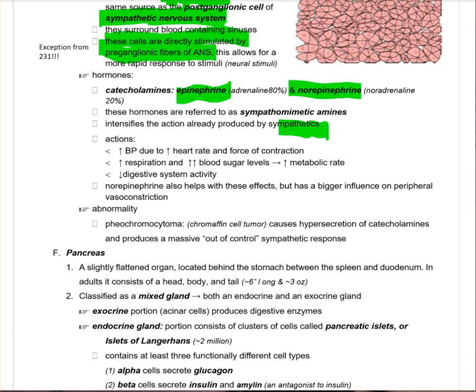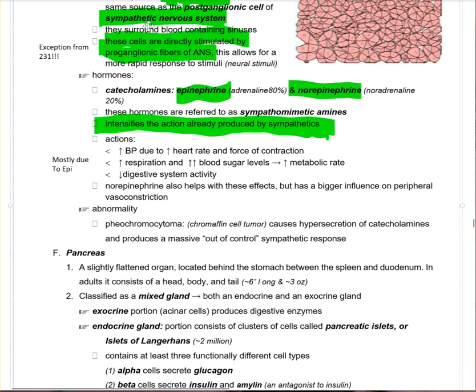The release of these intensifies the actions that are already produced by the sympathetics. And most of this is due to epinephrine. So I'm going to write mostly due to epi. Okay. These guys right here. Increased blood pressure, increased respiration rate, increased blood sugar levels, decreased digestive system.